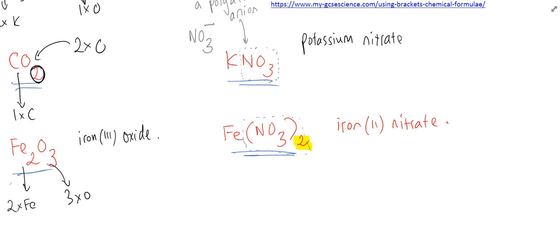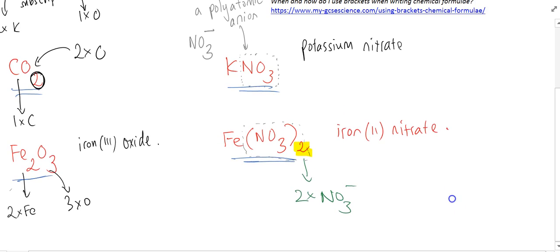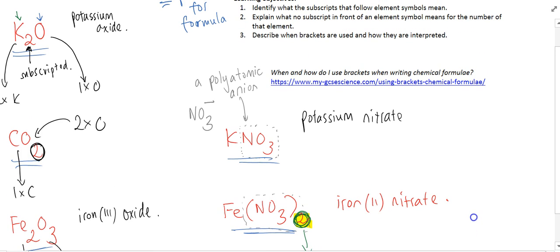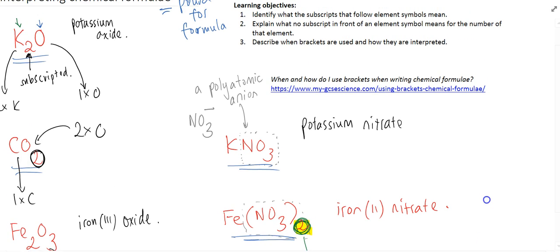Well, this means that there are 2 nitrate ions. It's worth noting that the only time we ever put brackets around any part of a chemical substance is when we're dealing with polyatomic ions, and there are multiples of those polyatomic ions. So there must always be a subscripted number that follows the brackets.